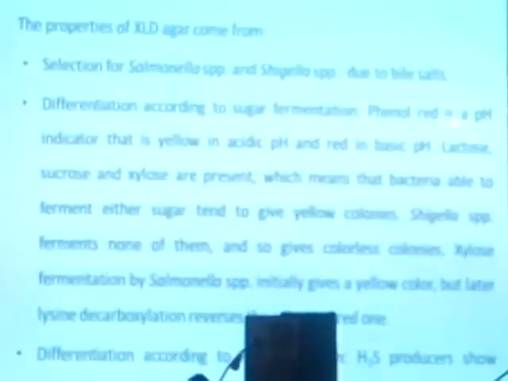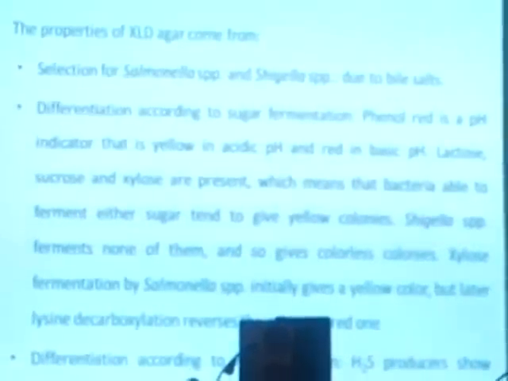Neutral red was red in acidic pH and yellow or colorless in basic pH, right? But phenol red has the opposite color change. So, in acidic pH, it is yellow. In basic pH, it is red, right? So, the opposite.